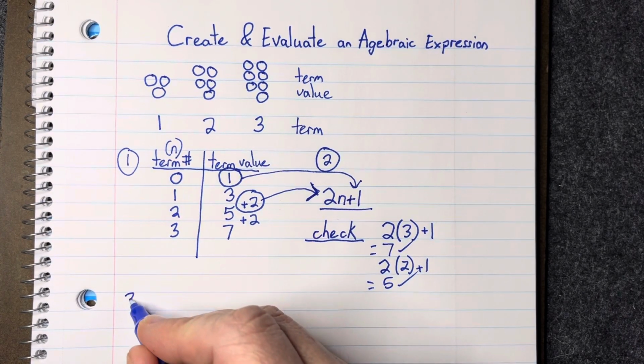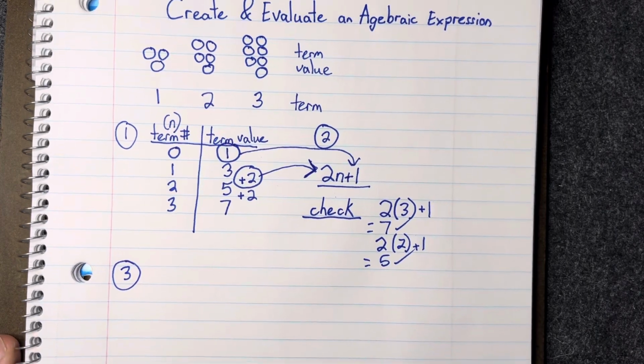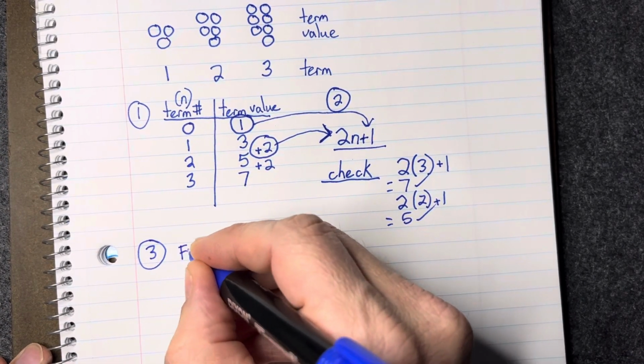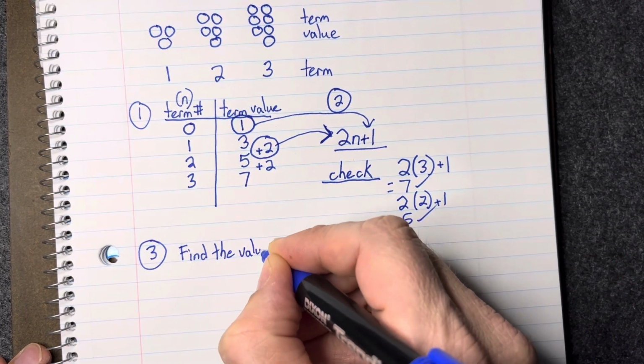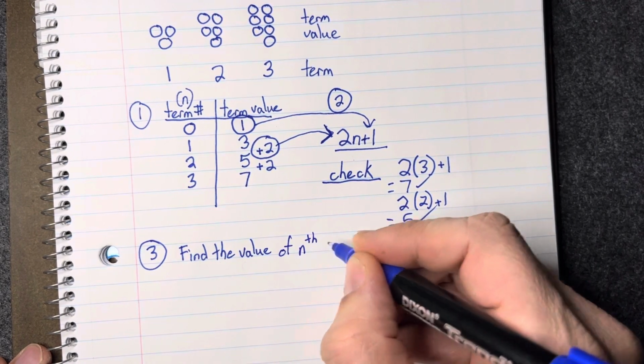Now, the third step in evaluating it is you'll usually find the question says, find the value of, and it'll refer to the nth term.